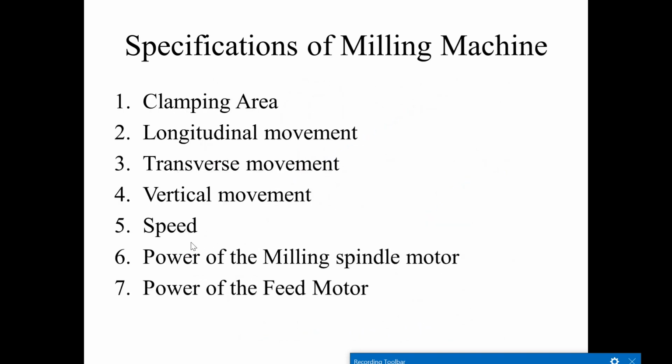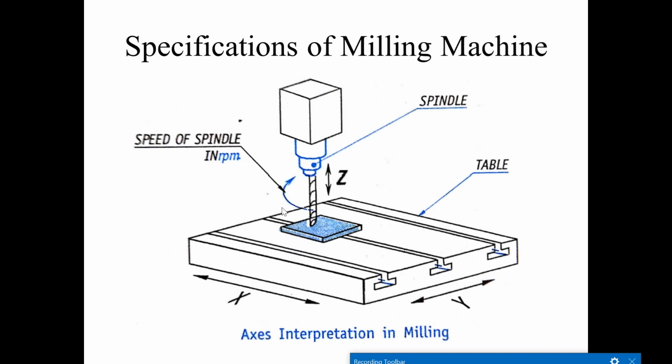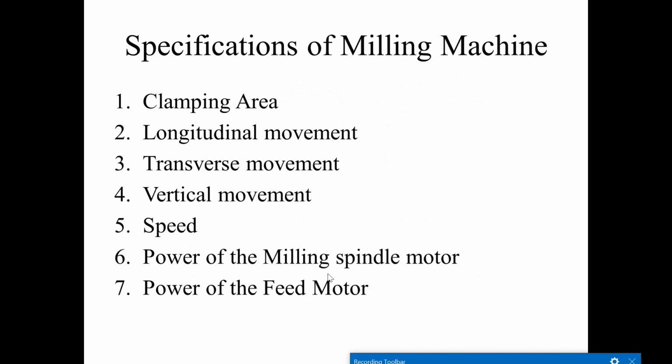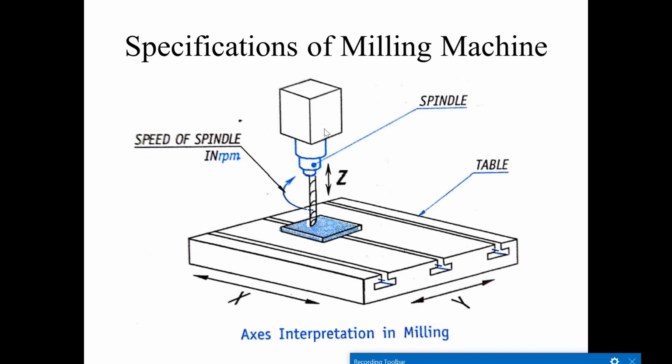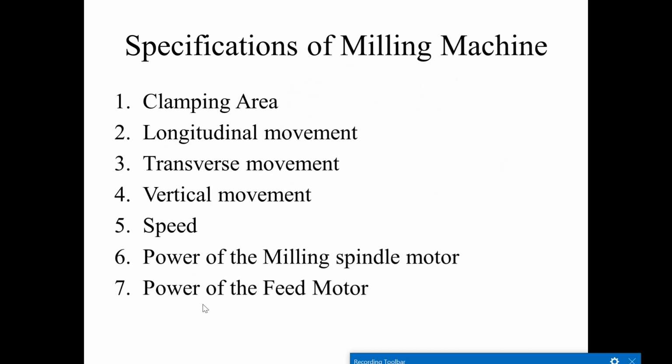And speed of the spindle in RPM has to be shown. And the power of the milling spindle motor, which will be on top of the spindle, should be given in the specification, and the power of the feed motor should also be given in the specifications of the milling machine.